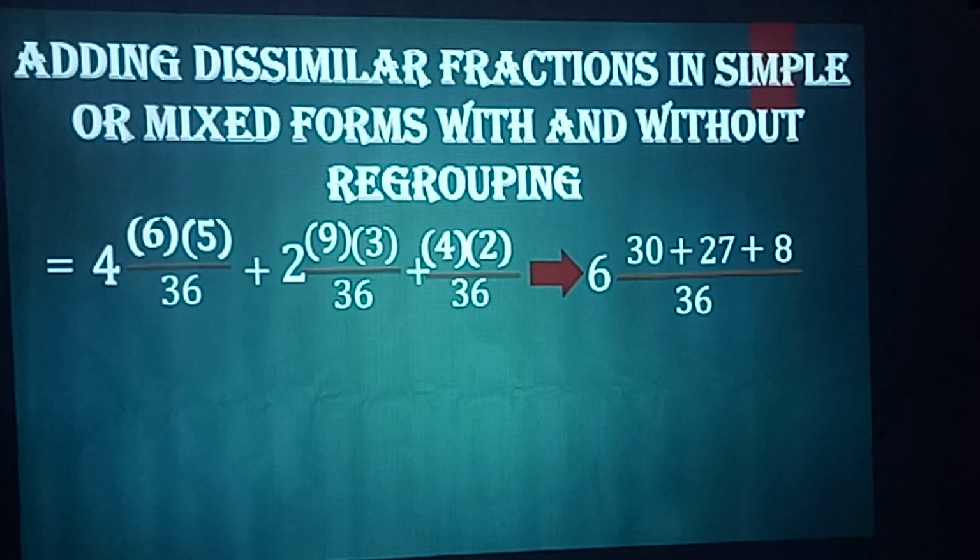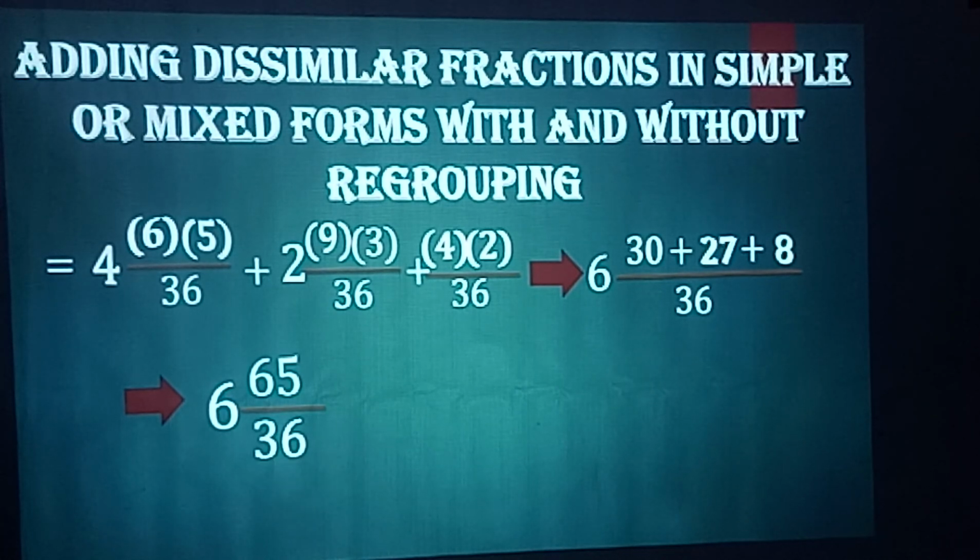And 30 plus 27 plus 8 is equal to, let me copy again the whole number. So that is equal to 65 over 36.